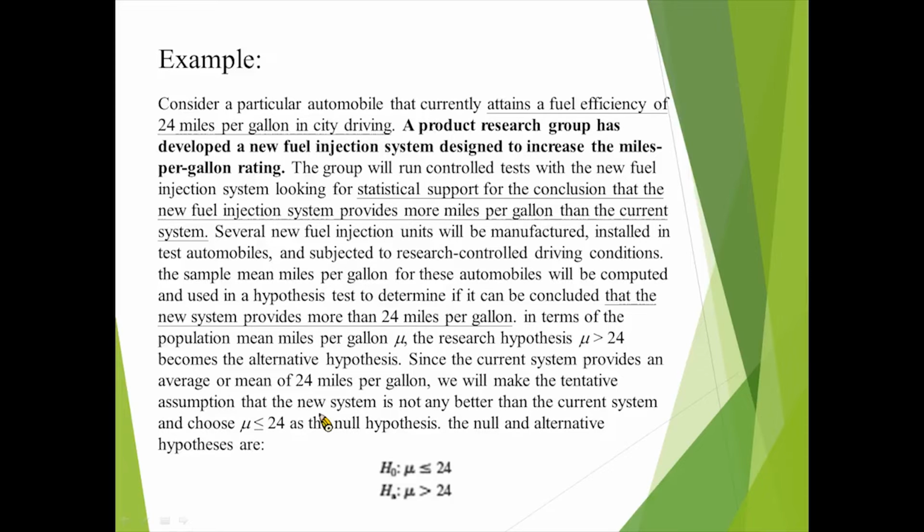So the null hypothesis is mu less than or equal to 24, and the alternative hypothesis is mu larger than 24.